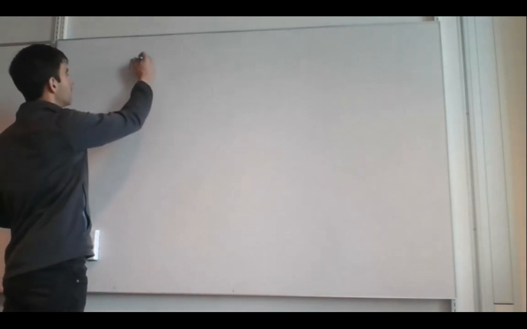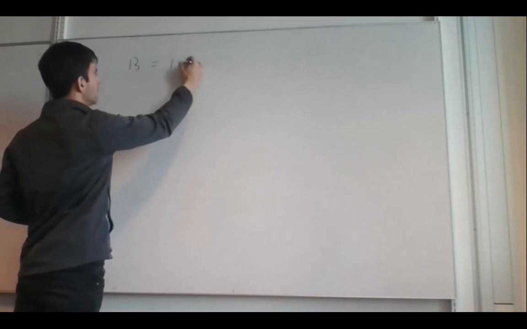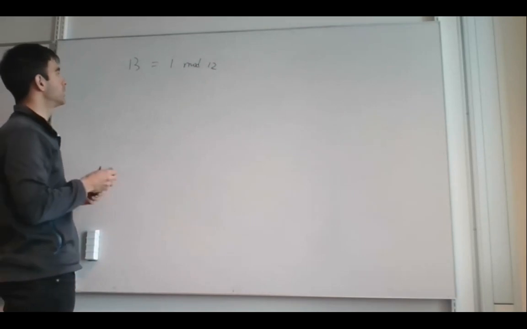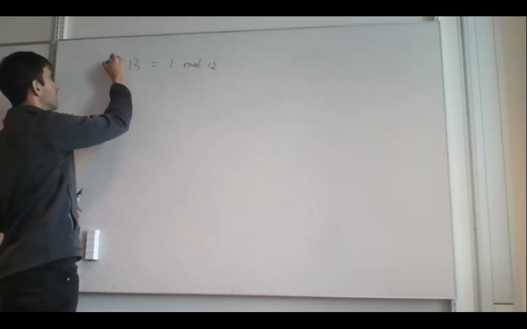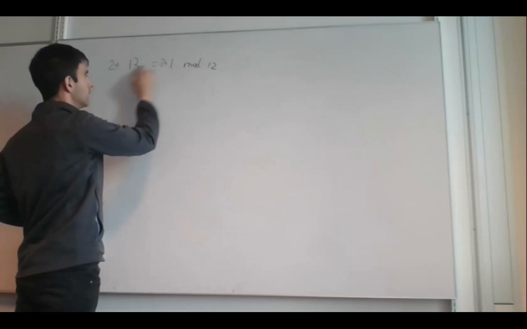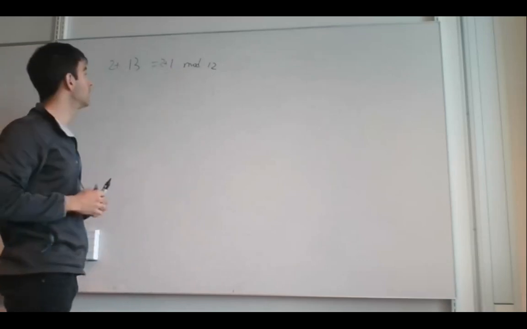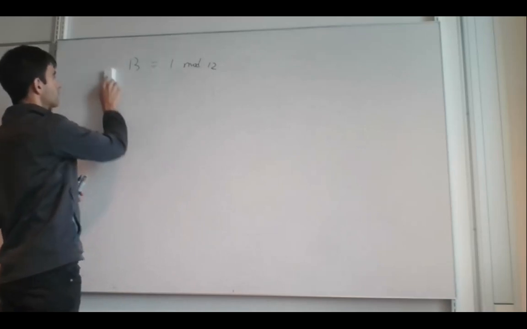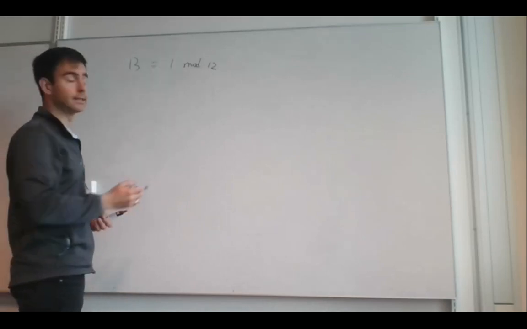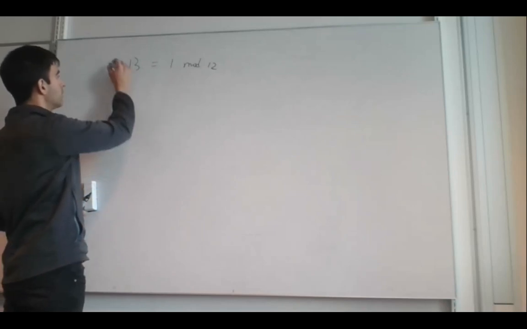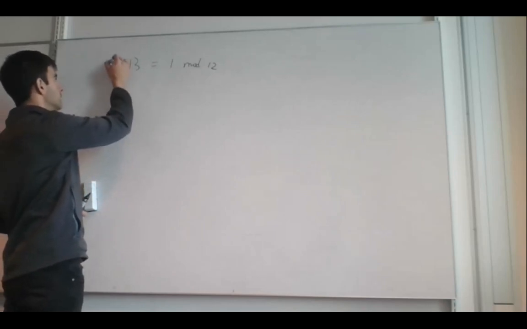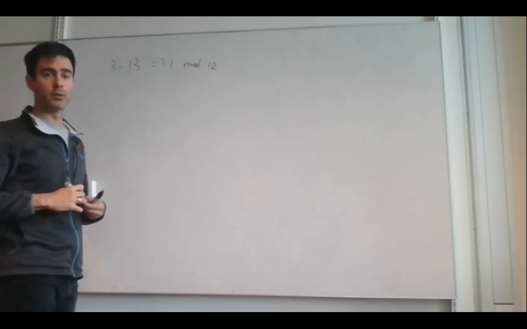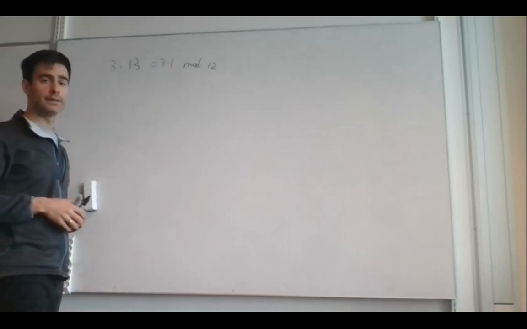So if you have that 13 is congruent to 1 modulo 12, you can add 2 here, you can add 2 here, and these 2 things will still be equal modulo 12, as you are used to. And you can also do multiplication on both sides. So if 13 is equal to 1 modulo 12, then it's also true that 3 times 13 is equal to 3 times 1 modulo 12. And those are easy things that you can check on yourself.